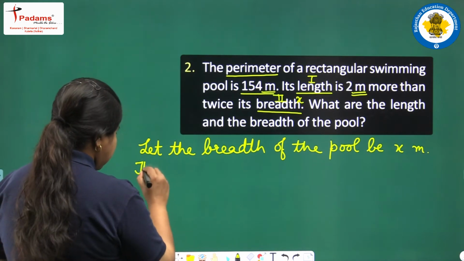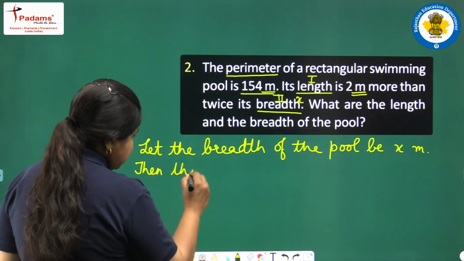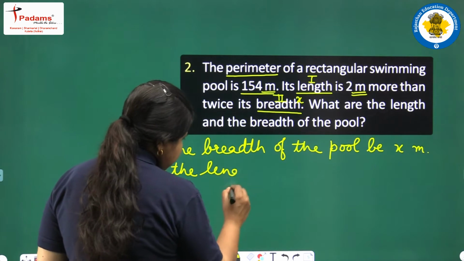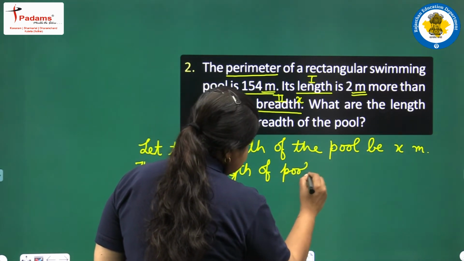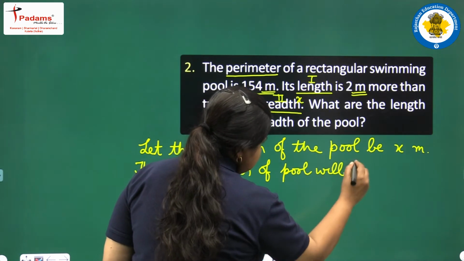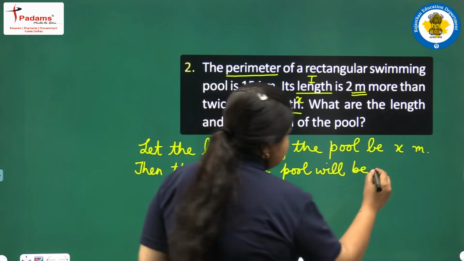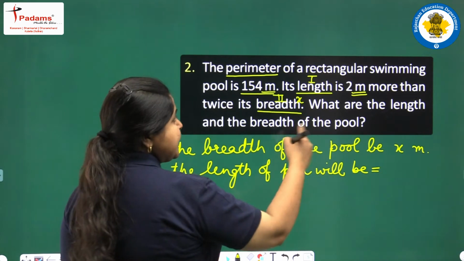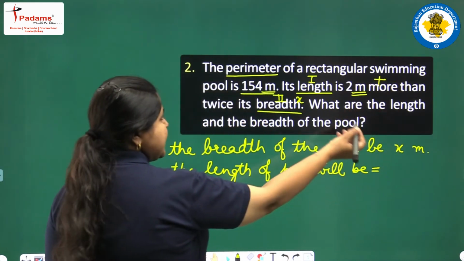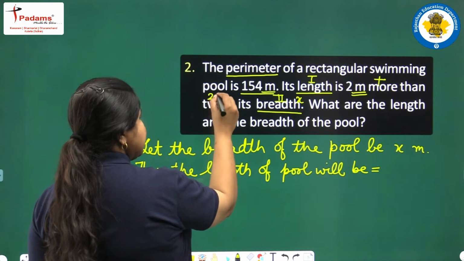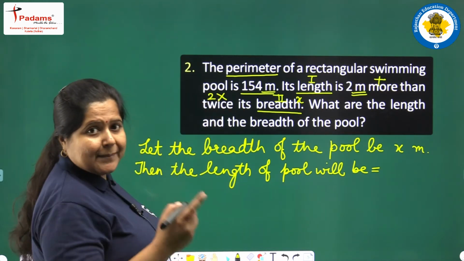Then the length of the pool will be how much? 2 meters more. More means plus. 2 meters more than twice. Twice means 2 into double.